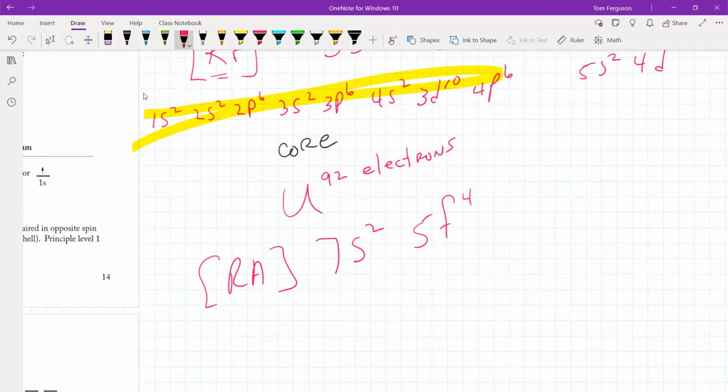Now let me show you the longhand way of doing that. We have to get to radium.